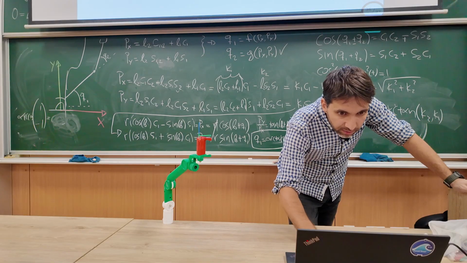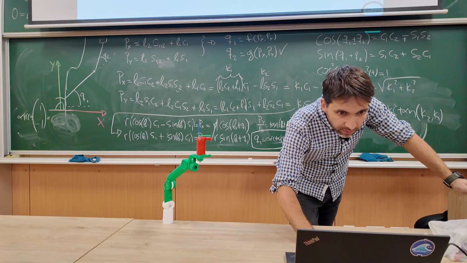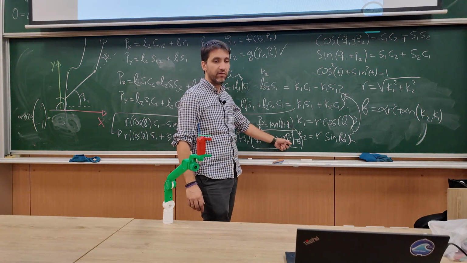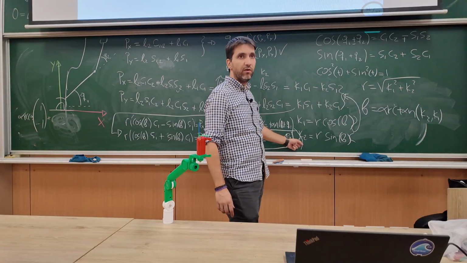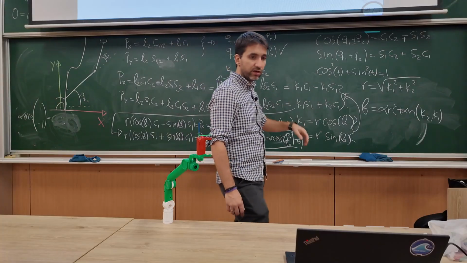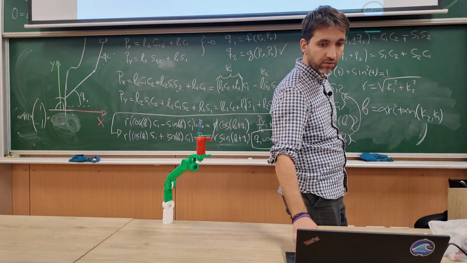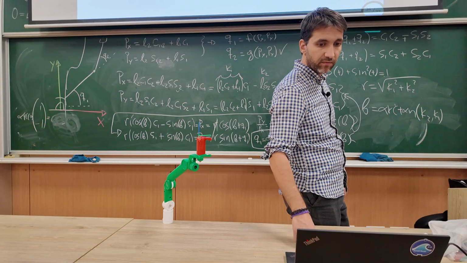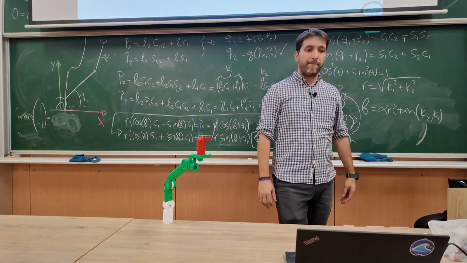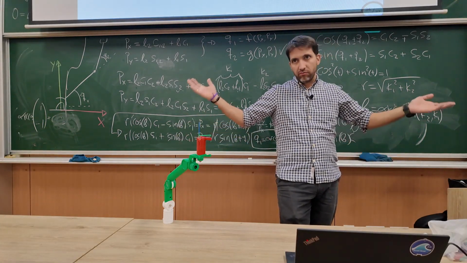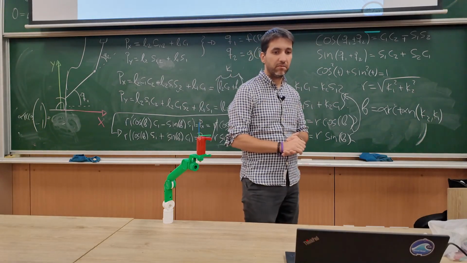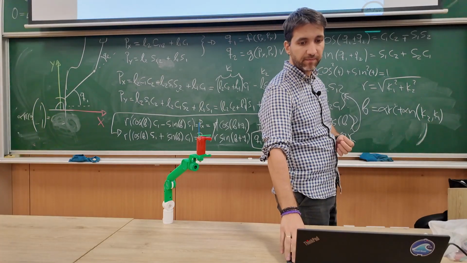So from here we end up with the same equation as before: q1 equals arctangent of y over x minus theta, which is the arctangent of kappa 2 over kappa 1, which is L2 sine q2 over L1 plus L2 cosine q2. And q2 I put here again. They both give the same result, obviously. You choose what works best.